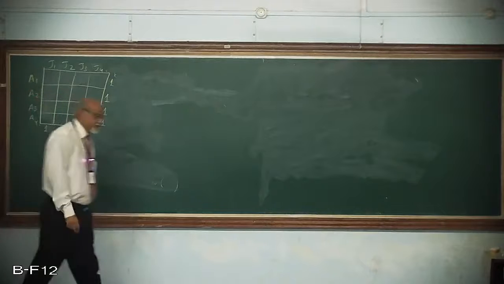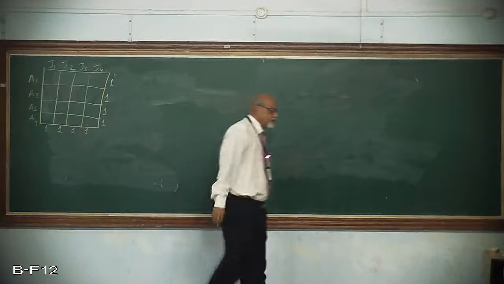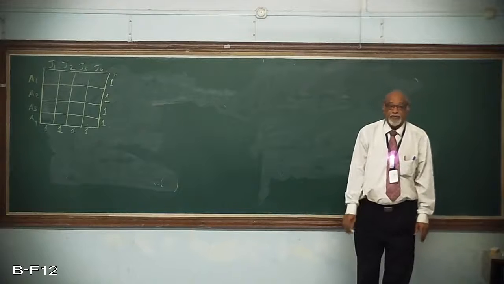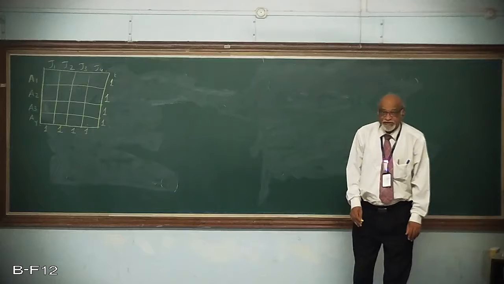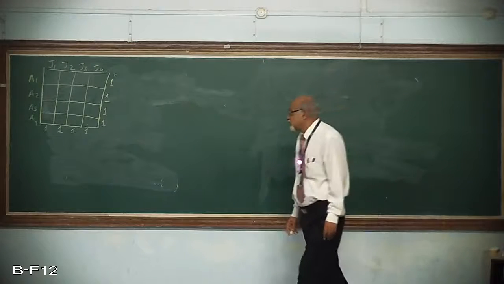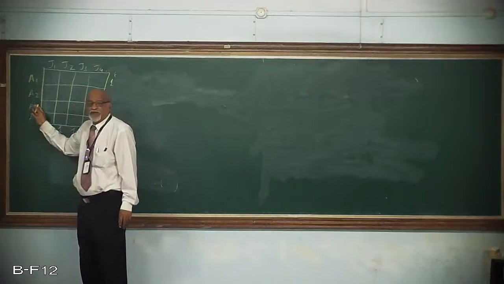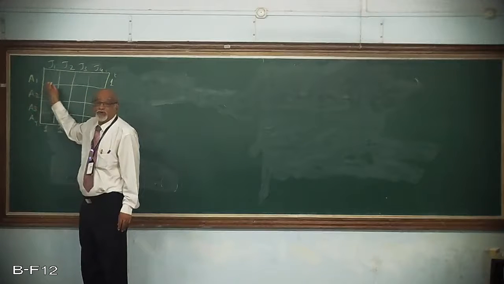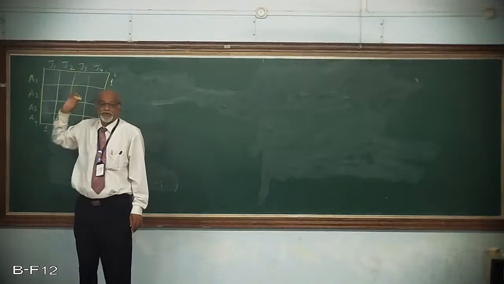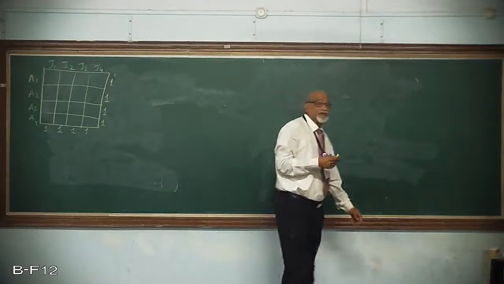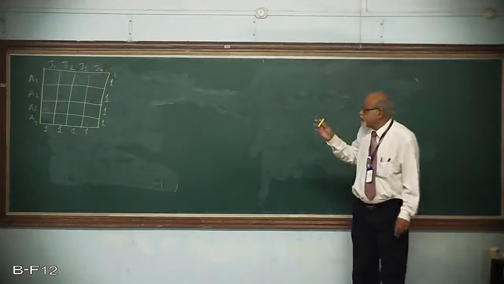That means necessarily the number of jobs should be equal to the number of people or facilities. For example, what are these? These are the facilities. The number of facilities should be equal to the number of jobs, and the number of jobs should be equal to the number of facilities. That is what it means.